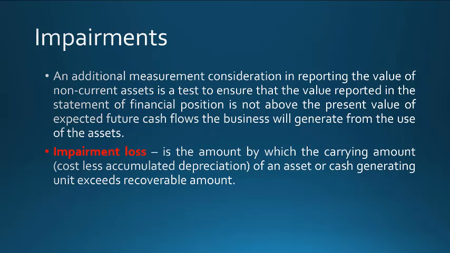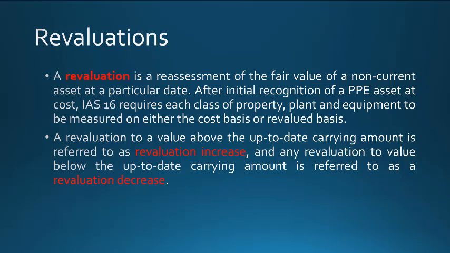Or is this expected future cash flow at present value lesser than the carrying amount of the property, plant, and equipment? In that case, if the present value of expected future cash flow is lower than the carrying amount, then we have to recognize impairment loss.